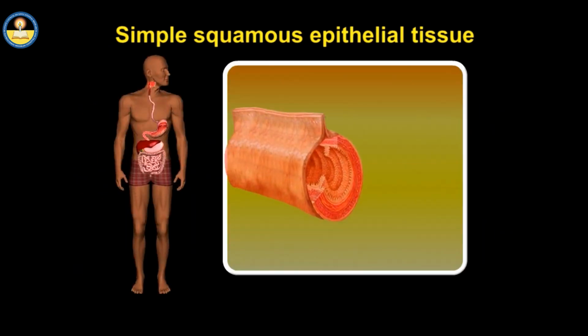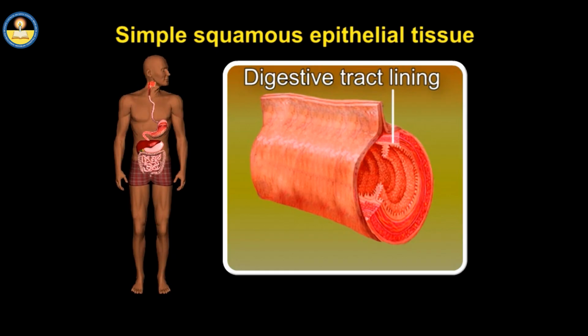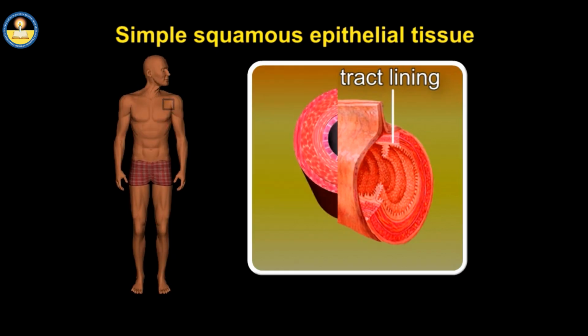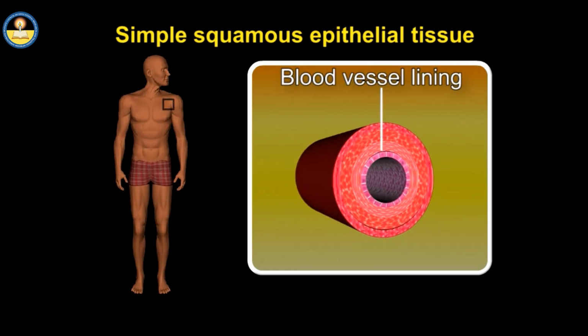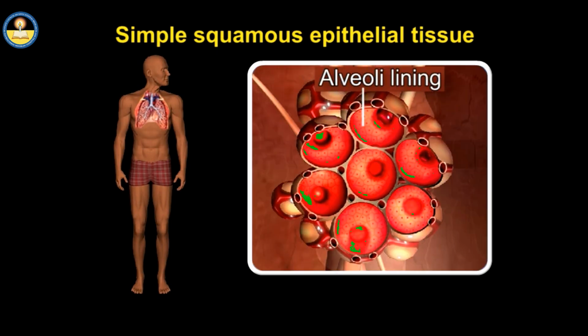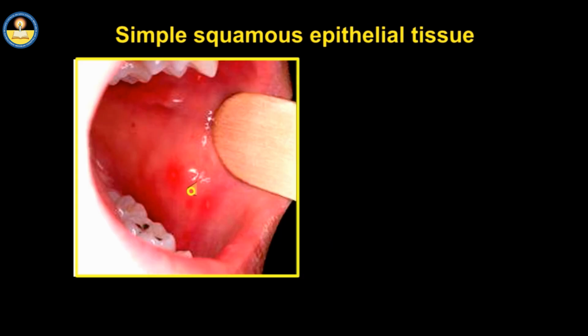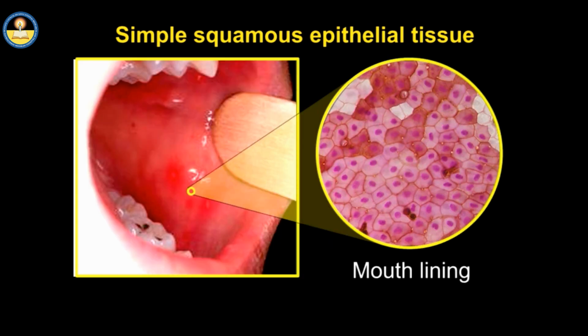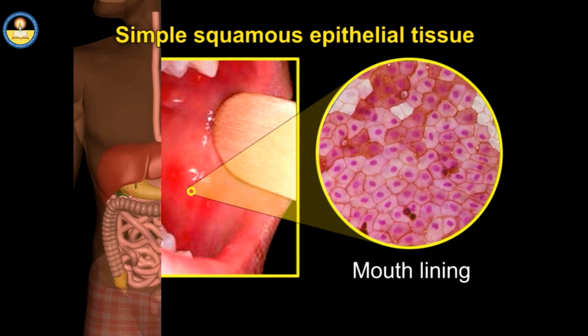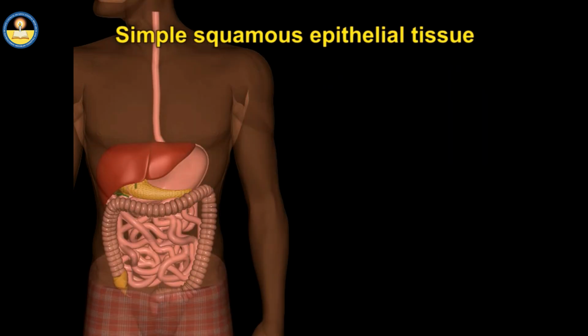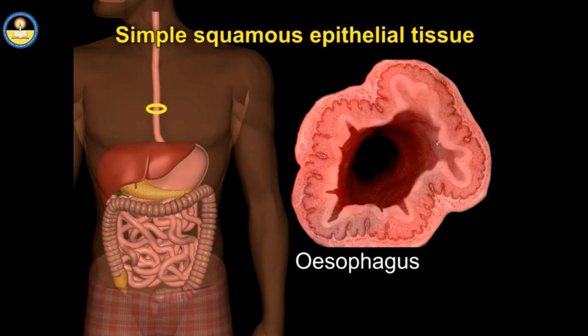They form the lining of the internal organs, the lining of blood vessels, alveoli of the lungs, inner lining of the mouth, and inner lining of the esophagus. All are covered by simple squamous epithelium.